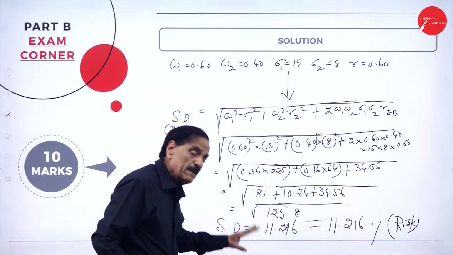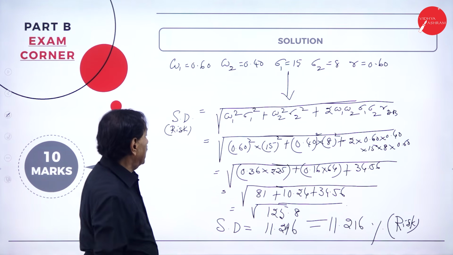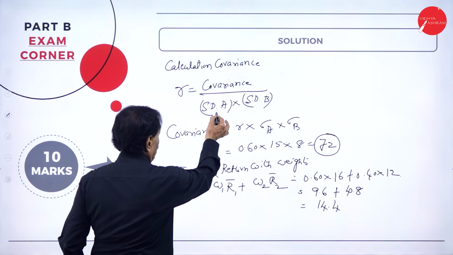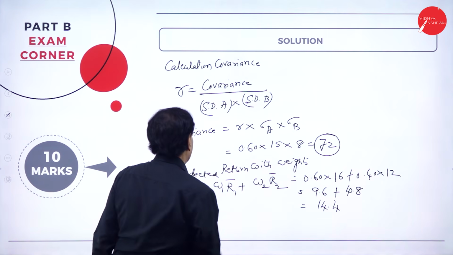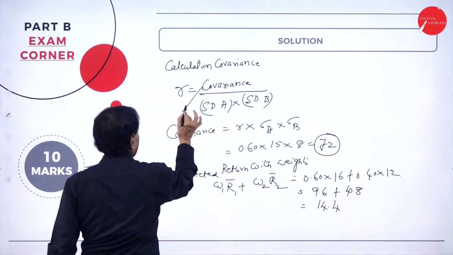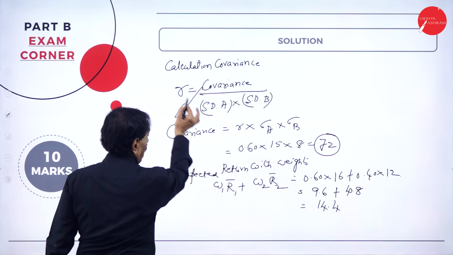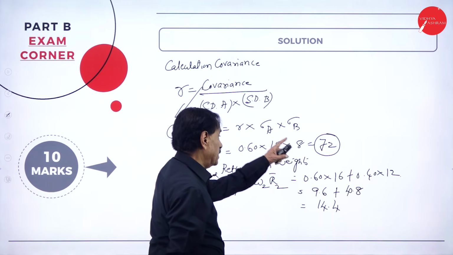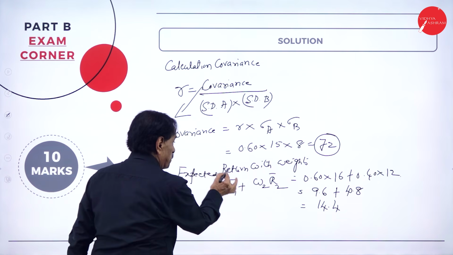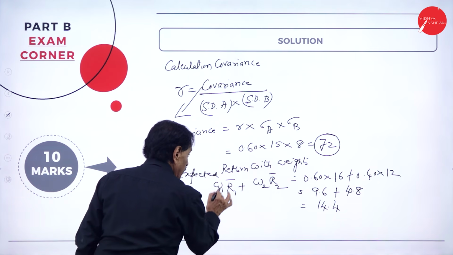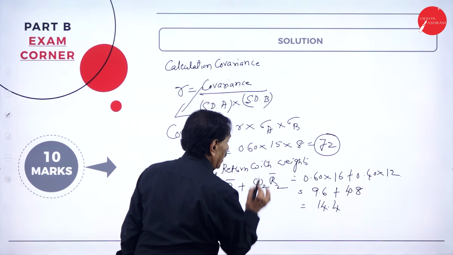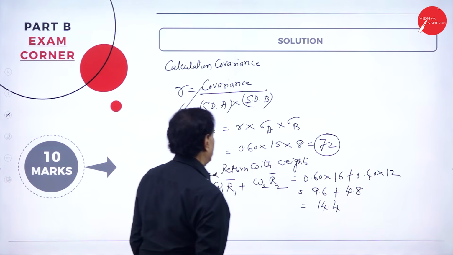This will become 10 marks. First we have calculated R is equal to covariance divided by standard A, standard B. Cross multiply: covariance is R into standard A, standard B. It will work out to 72. Expected return with weights, W1 R mean 1 plus W2 into R mean 2. It will work out to 14.4.